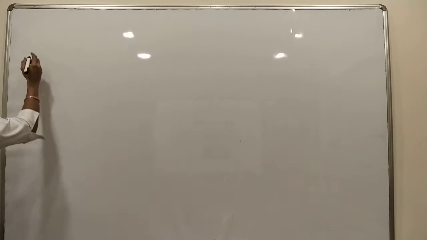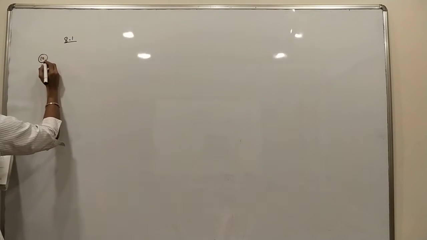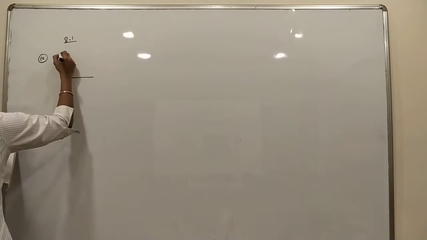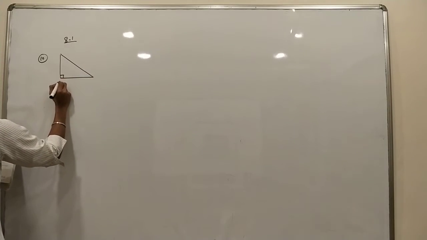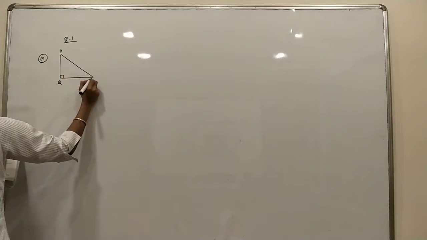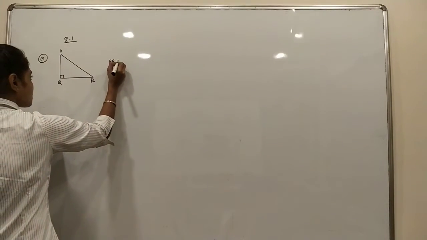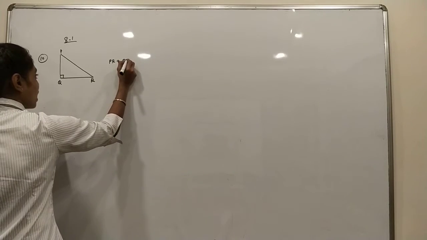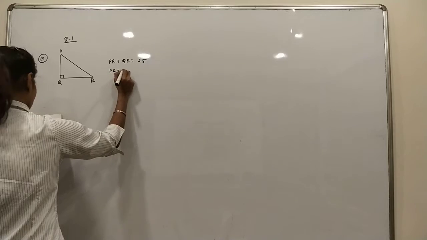Now question number 10, 8.1. Right angle triangle PQR, right angle at Q. It is given in PQR, right angle at Q, and PR plus QR is 25 and PQ is 5.